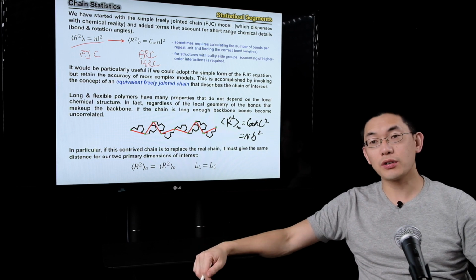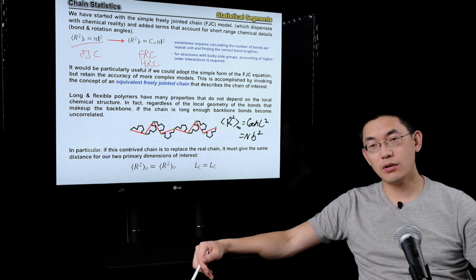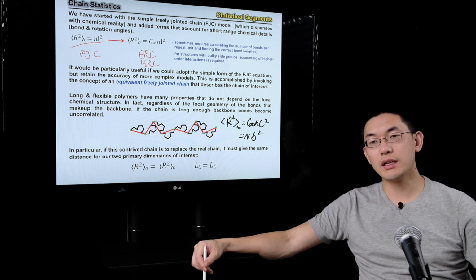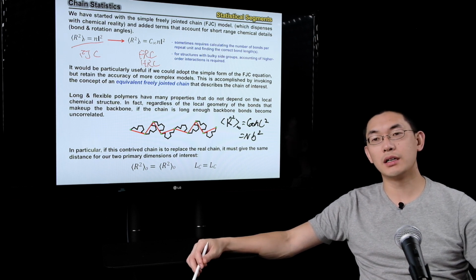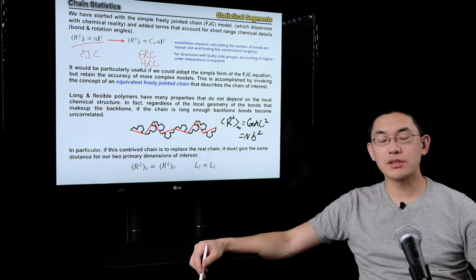And in the textbook, if you go to the table, we actually listed a lot of common polymers, persistence lengths, as well as statistical segment lengths.